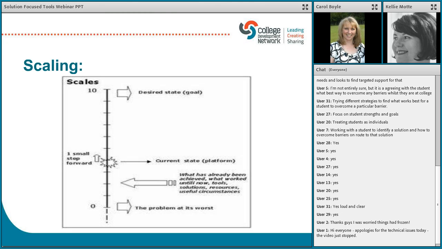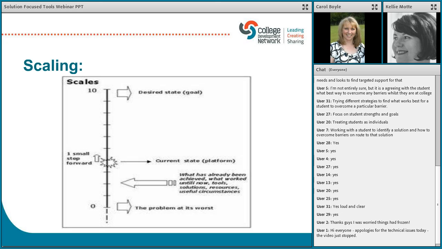It's a really effective way of giving them a visual demonstration of the journey that they're making, getting from A to B. It's especially helpful, I think, when a person is struggling to identify goals or even exceptions to their problem. This is another really good flexible way of taking them through small steps.